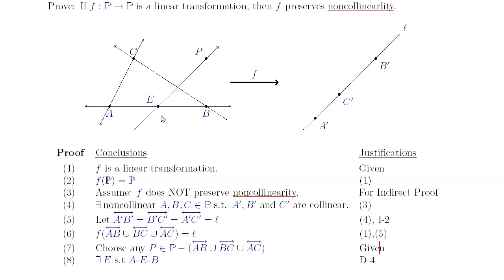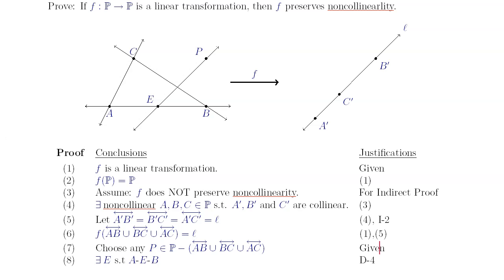Once you have a line here, PE is going to intersect either line BC or line AC. You can quote the postulate of Pasch, but we know that there's going to be an intersection here.